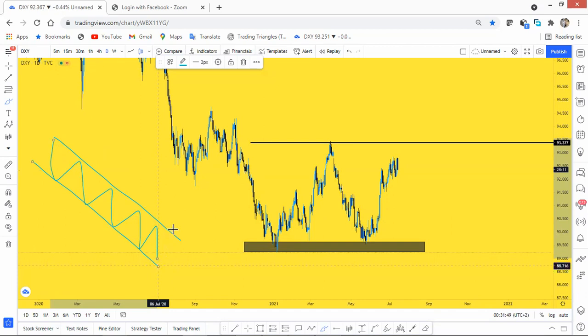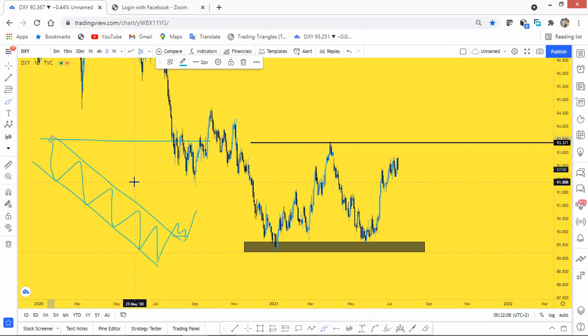So after it breaks out, it will correct in the form of a retest and then make a push to the upside, going to test this previous low here, the start of the descending channel.